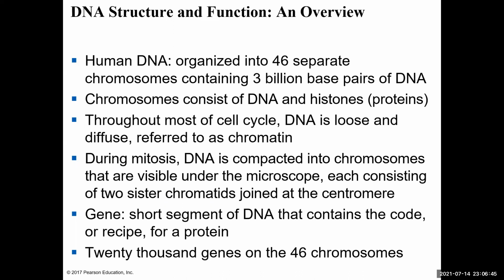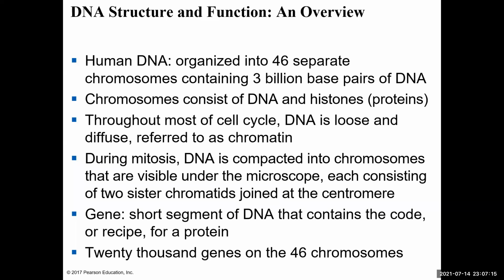So it's not until it's compacted into chromosomes before the mitosis phase, in prophase, that they're visible underneath the microscope. And the replicated chromosomes, so the two sister chromatids, will be joined at the center, which is known as the centromere, okay?